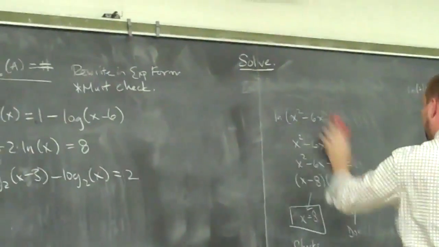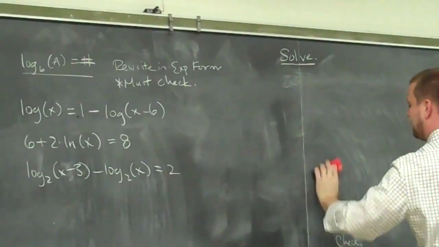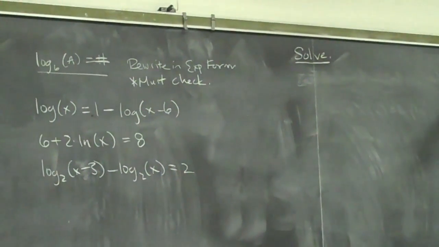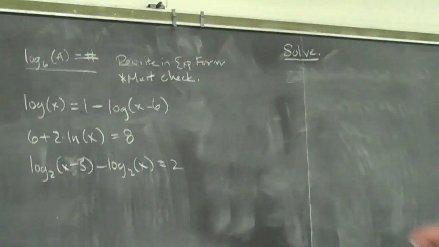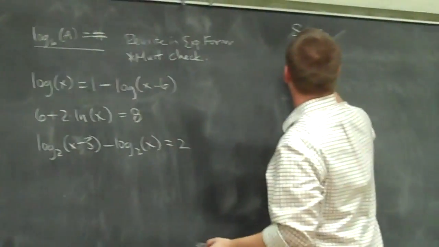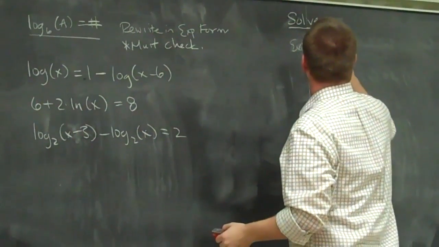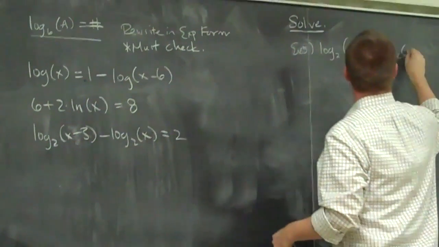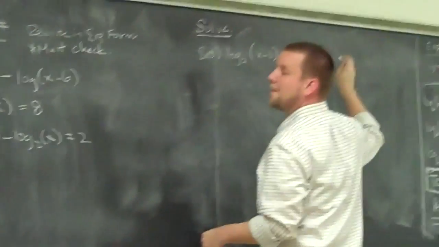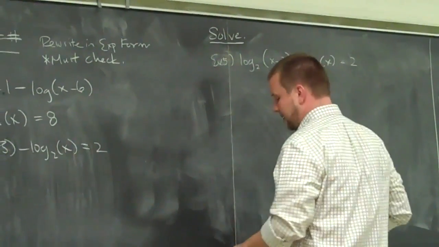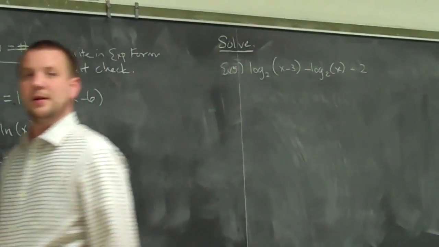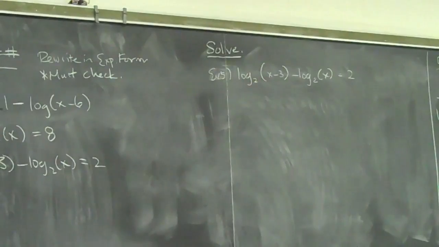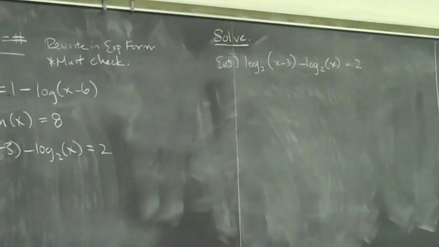Okay. Next up, I want to do the third one down there, the log base 2 problem. Now working this problem is going to be a little bit different because it's not just one log that we have to isolate.